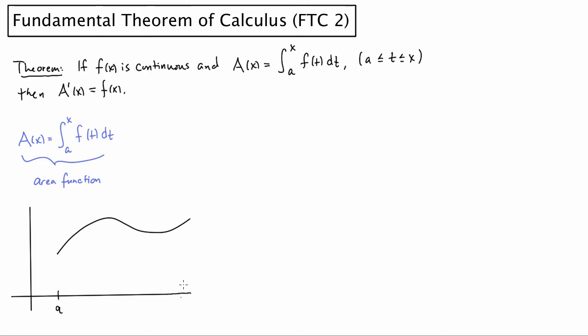Say we're interested in the integral from a to b, but we want to look a little bit at a time. So we want to go from a up to x. So we're going to calculate this area for different values. So this would be the integral function. As x changes, the area added up changes.